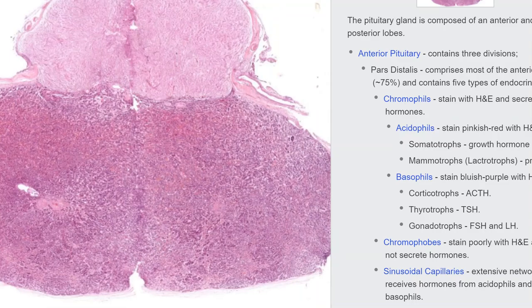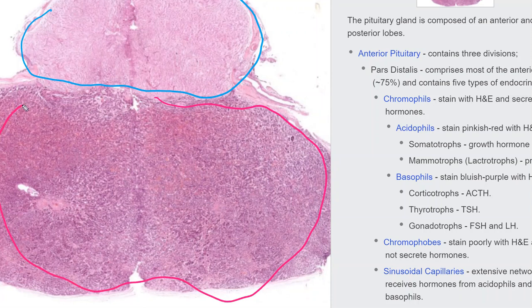And so here we are at the pituitary gland on histologyguide.com, and you can see really clearly the neural tissue. The neural tissue is up here, and the glandular tissue is all of this stuff.